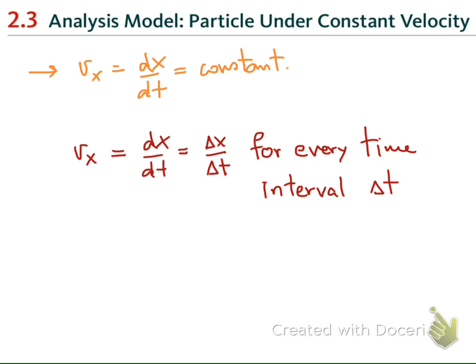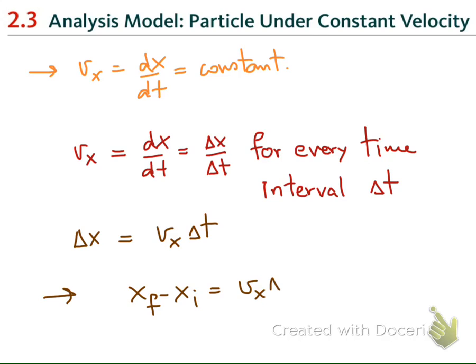So from this relation we must have that delta x is equal to Vx delta t, or xf minus xi is equal to Vx times Tf minus Ti.